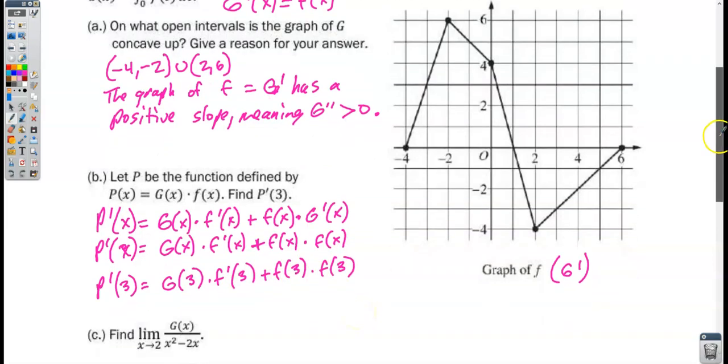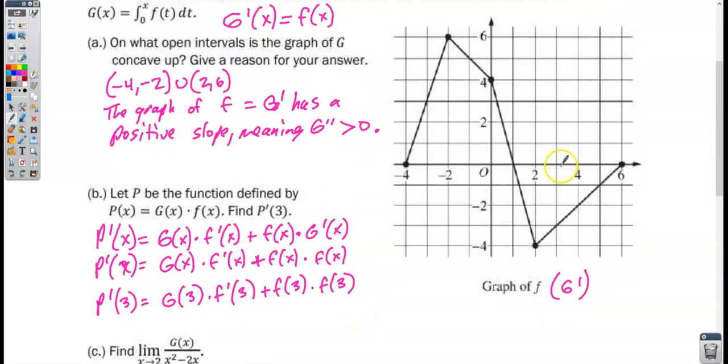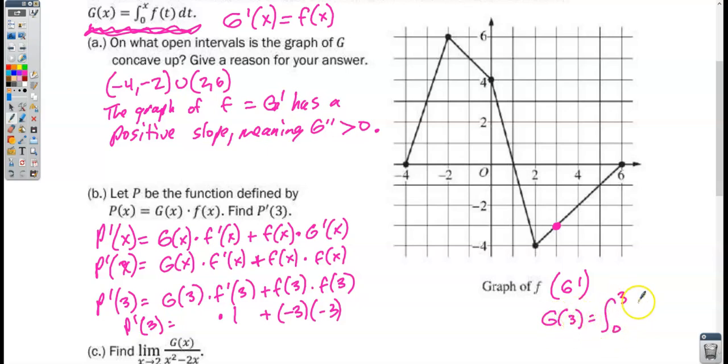From the graph of f, I can read that the function value at 3 is -3. So this is going to be plus -3 times -3. I can read that the derivative f prime at 3 is the slope of this segment. So that's going to be 1. And then capital G of 3, from this statement up here, is equal to the integral from 0 to 3 of f of t dt.